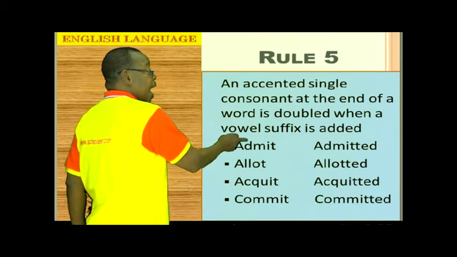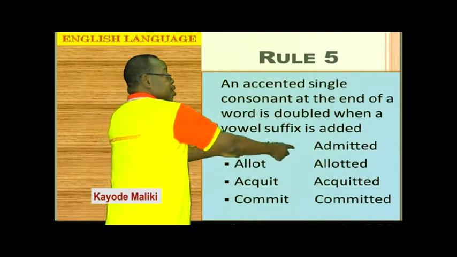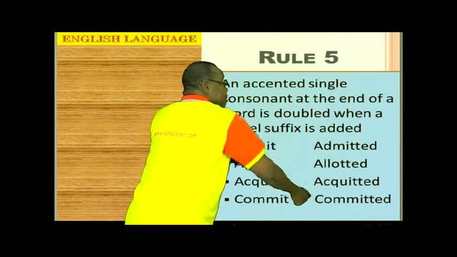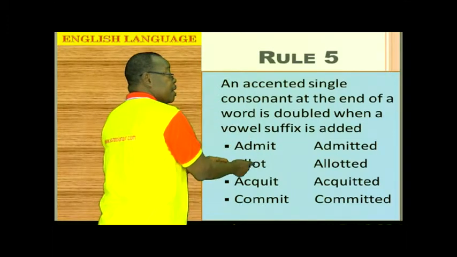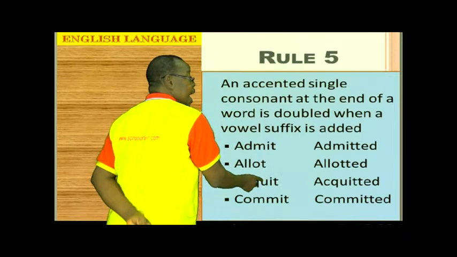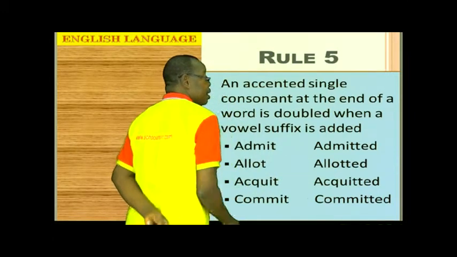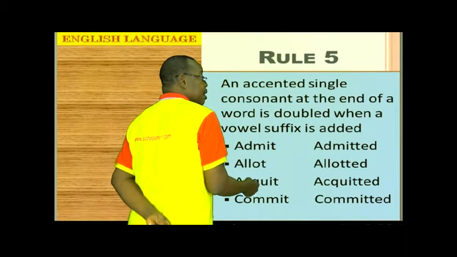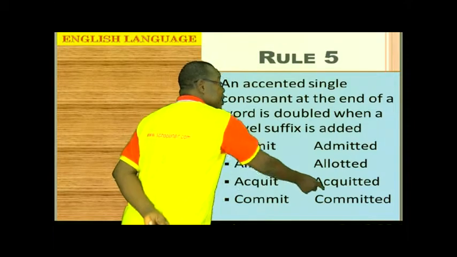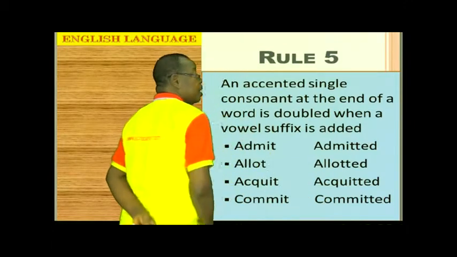Now you have admit, and then you now have admitted. You have T here, double T, T here, double T. Commit, committed, MM TT.